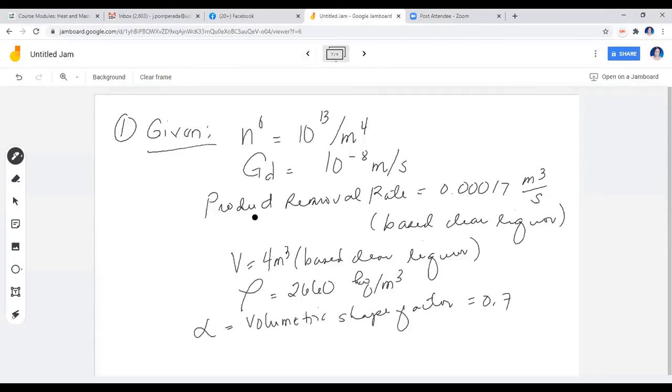So in the given, we have the product removal rate, and this is your volume. So if you're going to look intently on the dimensional analysis, if I divide the volume by the product removal rate, that would give me the drawdown time, or the time that I will remove already the magma inside my crystallizer, because they have already reached the size which I want them to become.